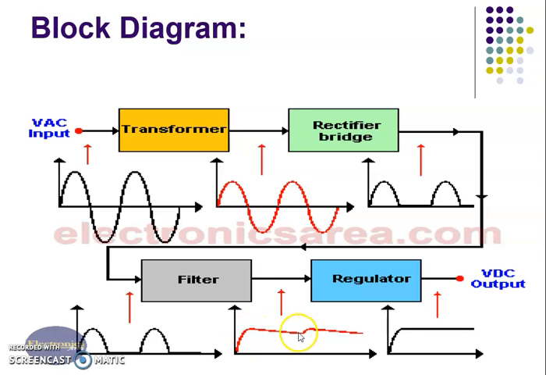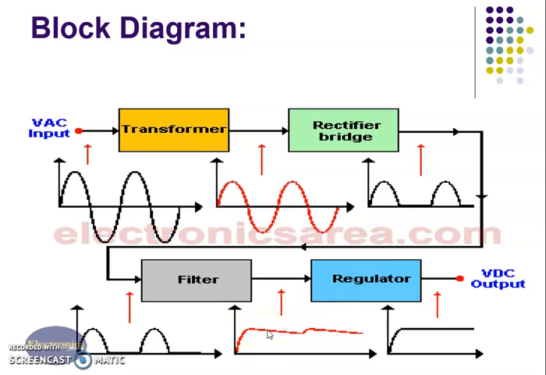Discharging is longer if the input waveform is half wave. When the next half comes, the capacitor starts charging again. But in the full wave rectifier, as the second half succeeds the first half, when the first half ends, the second half starts. So the discharging time is not long.